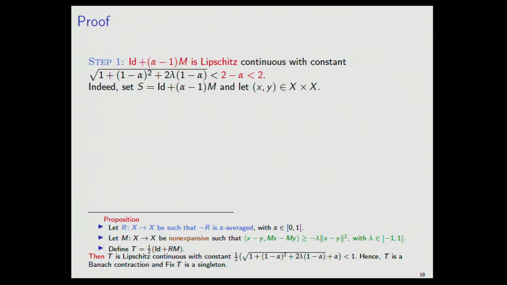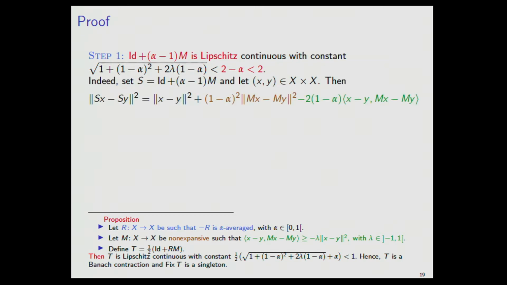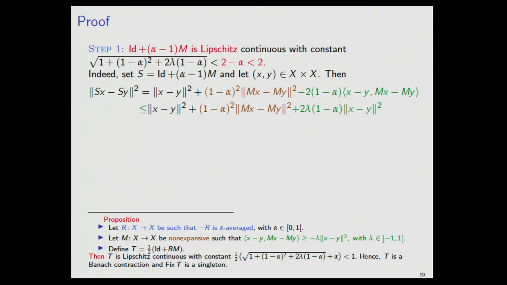So we take S to be this operator, and I examine the norm of Sx minus Sy squared. Now, this is just expansion. I didn't do anything. The next step is those first two terms come down as they are. This term comes from this green inequality. I use it, and I get the first inequality.